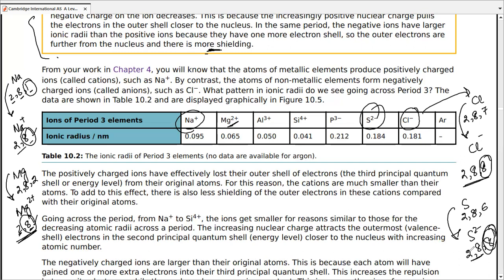And for this kind of trend, as you can see, the numbers are totally different. You're going from 0.095, 65, 50, 41. Yeah, there is a good decrease. And then there is a bump, 0.212. This is a huge difference. So in between 4 and 5, we're going to find a big jump. And then it starts decreasing again to 1, 2, 184, 181, nice and smooth.